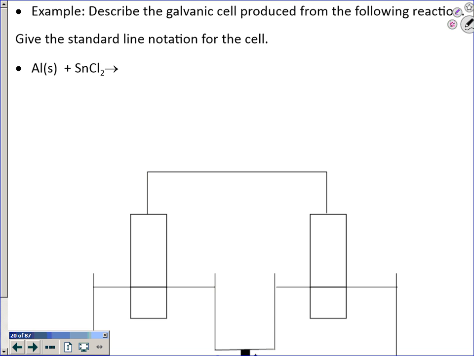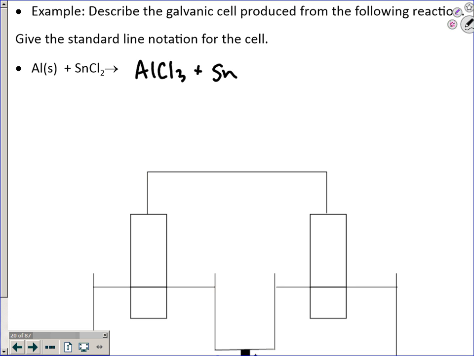All right, any predictions on our products here? Okay, so we're doing a similar replacement reaction. We're making aluminum chloride, AlCl3, crisscrossing charges, and what? Tin. So you're saying tin solid, right?